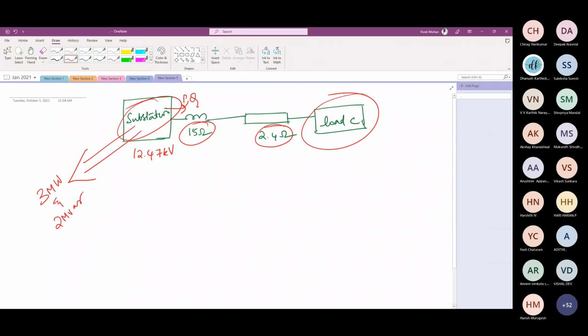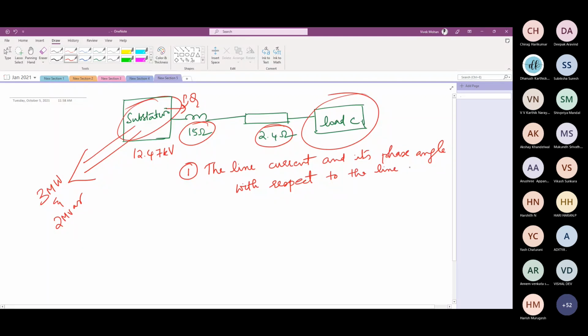Now you are asked to find first the line current and its phase angle with respect to the line voltage at the substation.